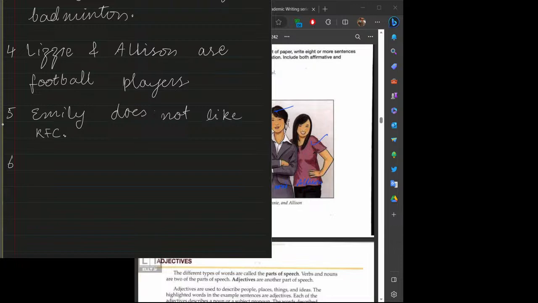Let's say the sixth sentence would be, Lizzie and Ronnie are taller.